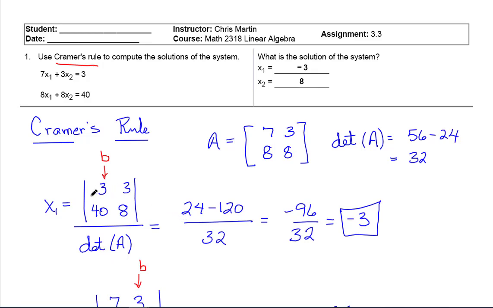So the determinant for the top would be 24 minus 120. And so we get minus 96 over 32. And we get minus 3 for our first solution.